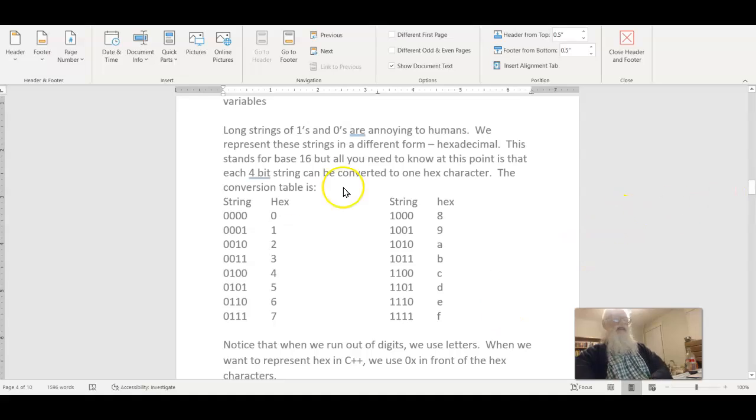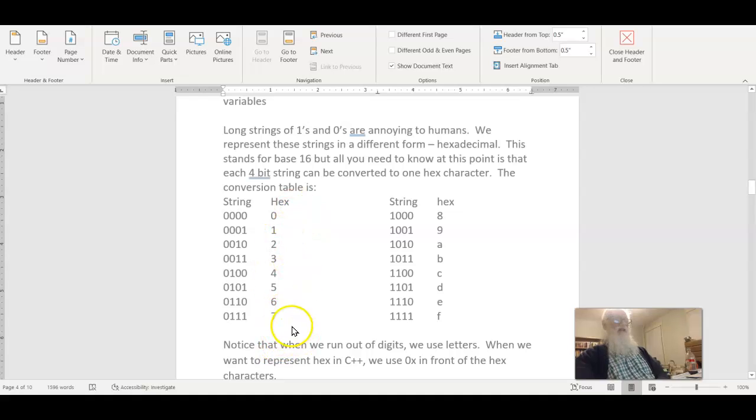Now that's because 0 represents 0, and so do 4 zeros. 1 represents 1, and so does 3 zeros and a 1. 2 in hex is 2 times 1. In binary, it's 1 times 2 plus 0 times 1. In other words, in binary, we're going to use the powers of 2 instead of the powers of 10 as we represent our numbers.